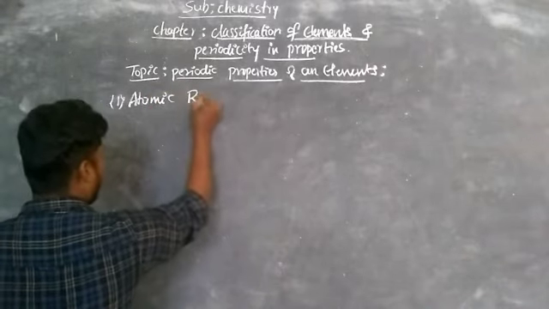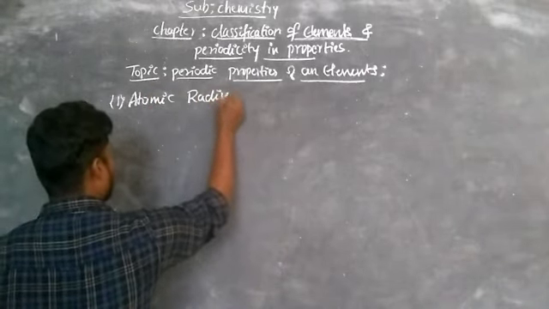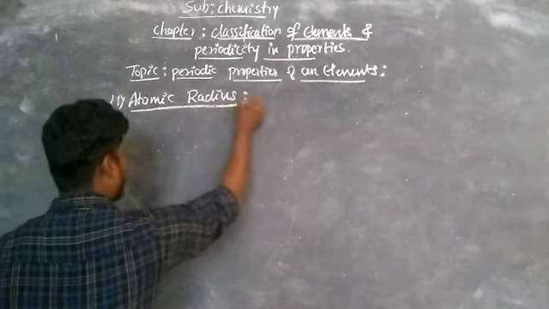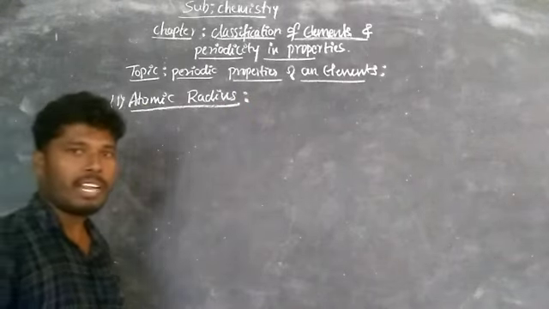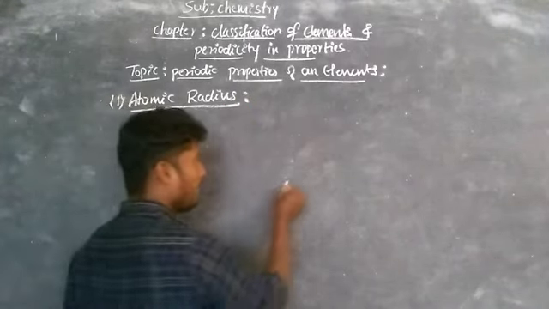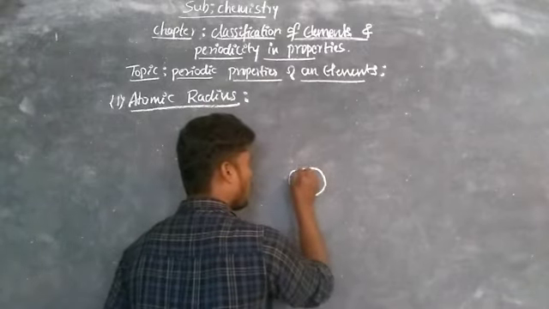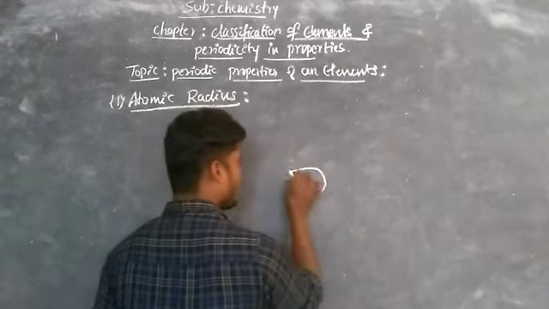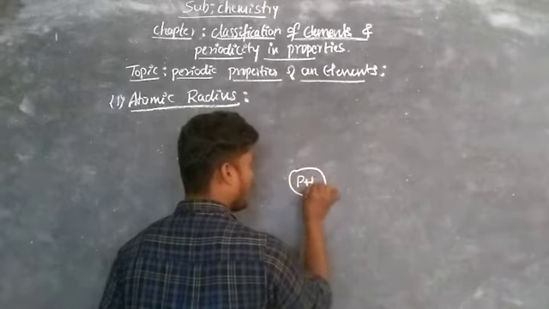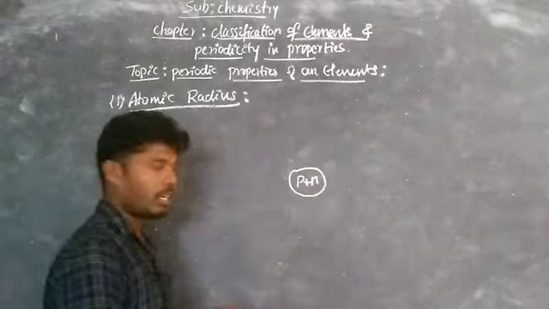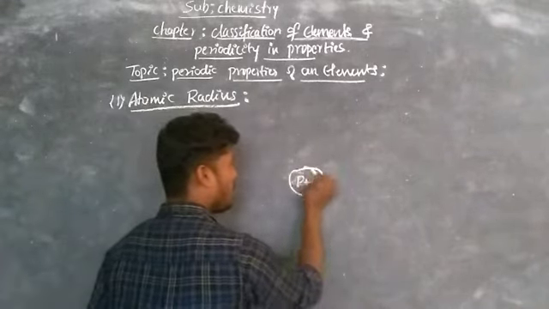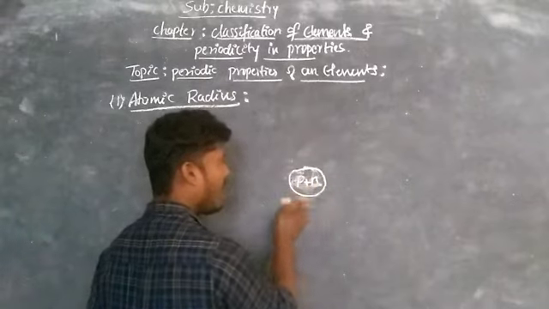Atomic radius. You know the concept of an atom well. The atom consists of a central nucleus having protons and neutrons. This is called the nucleus, the core present in an atom.